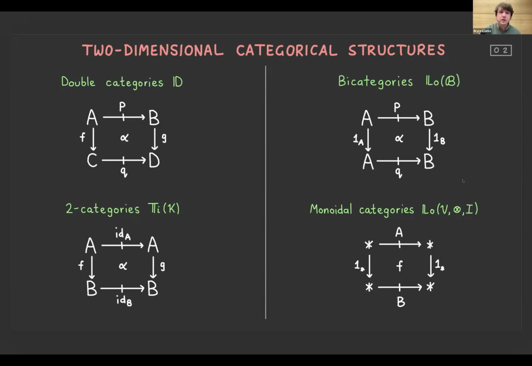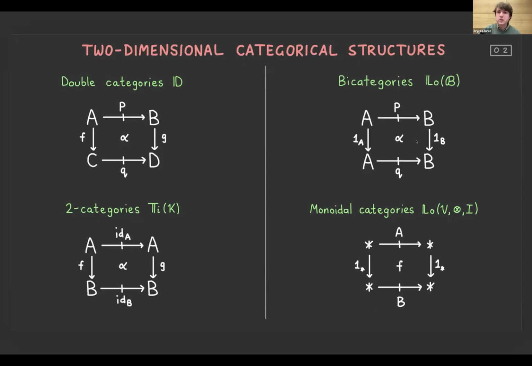Another special case of a double category is bicategories, where we do things in the other direction. If we ask that all of our type morphisms are identities, then what we have left is just some objects, some loose morphisms, and some cells, alpha from P to Q, and this will give us a bicategory, the underlying bicategory of our double category D. Moreover, any double category of this form, where all the type morphisms are identities, is the same as some bicategory B. Another special case we could consider is that of monoidal categories.